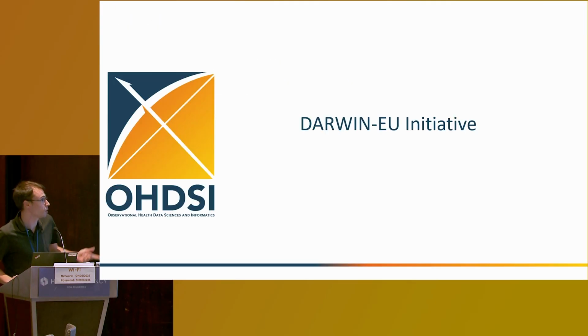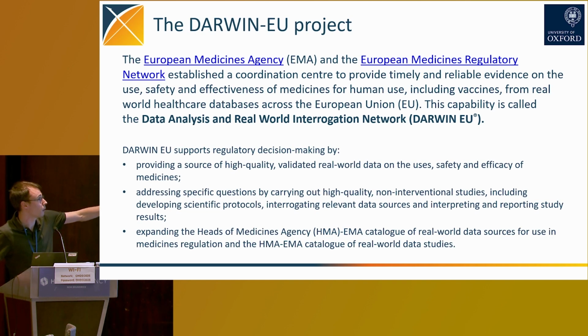So yeah, first of all, DARWIN-EU. What's DARWIN-EU? DARWIN-EU is a big project funded by the European Medicines Agency and the European Medicine Regulatory Network. They set up a coordination center that is responsible for having a network of data partners and then providing support for regulatory decision making.